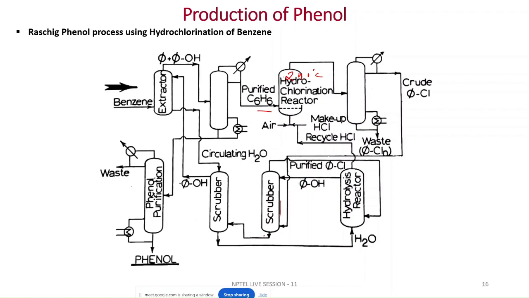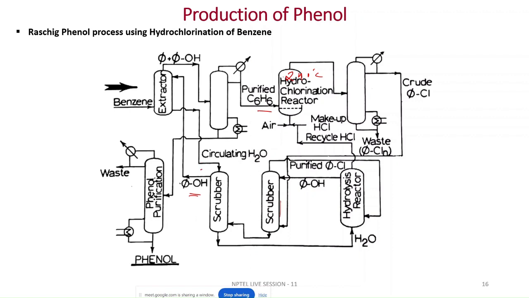After scrubbing, it is further sent to the second scrubber and the phenol is separated as a top product. It is separated and sent to the extractor, where part is extracted.